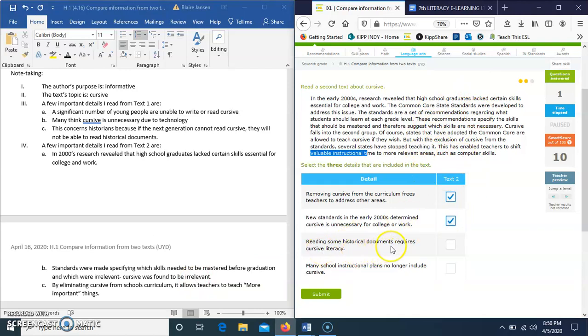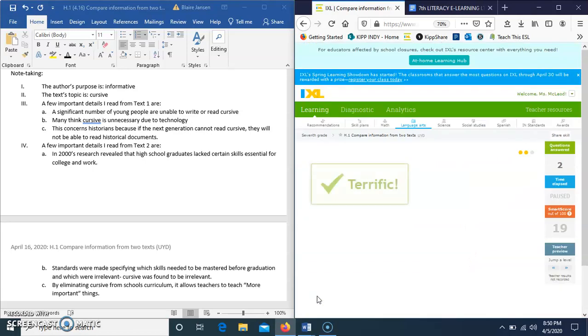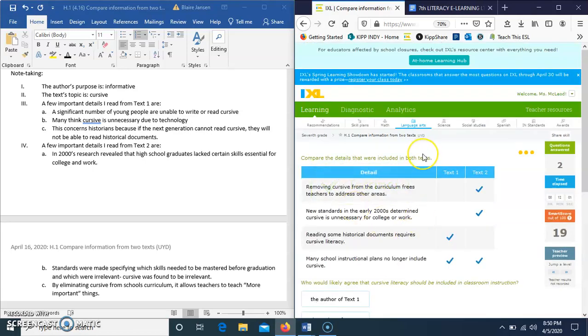Reading some historical documents requires cursive literacy. Nope, that was addressed in text 1, but not in text 2, so I leave that unchecked. Many school instructional plans no longer include cursive. That was discussed in the text number 2. So I'm going to check that, submit, and I'm done.